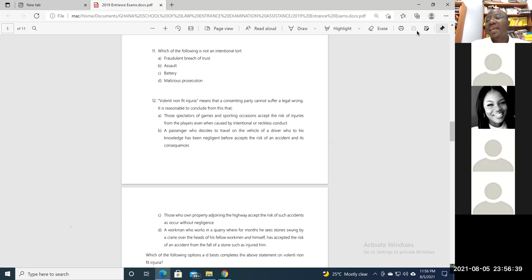Right. There are a number of authorities. I will try and pull some, and that is why the elements, and in fact, the lady who spoke cited a local authority.